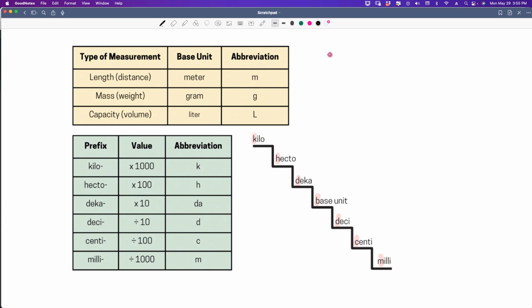And when you tell a story with that, then it helps you to remember what that means, or you remember the proper order. And we have a K, an H, a D, a B for the base unit. Then we have D for deci, C for centi, and M for milli. So kilo, hecto, deca, base, deci, centi, milli.